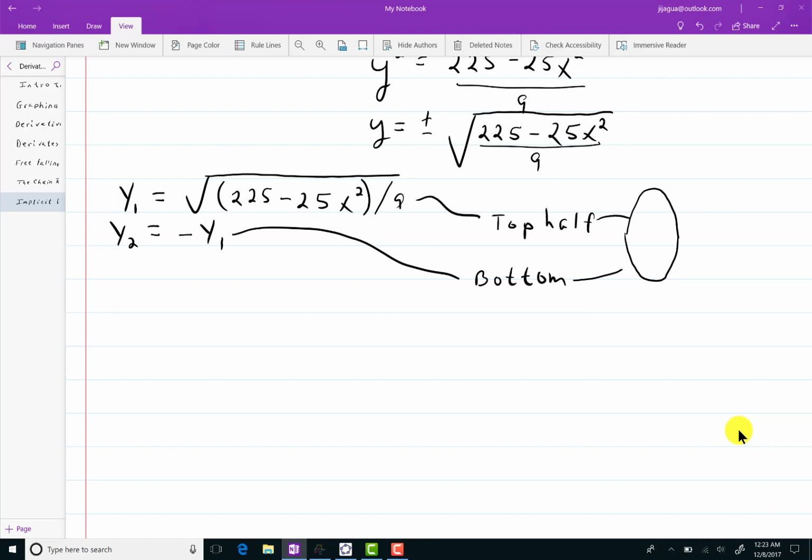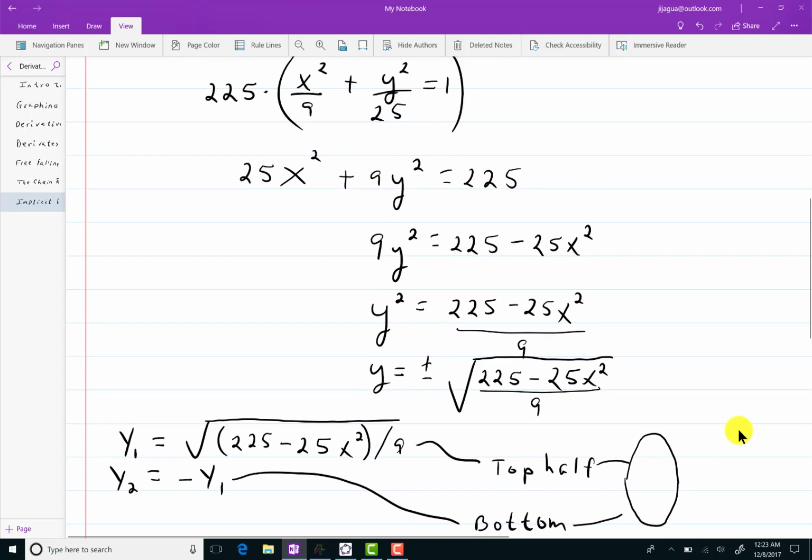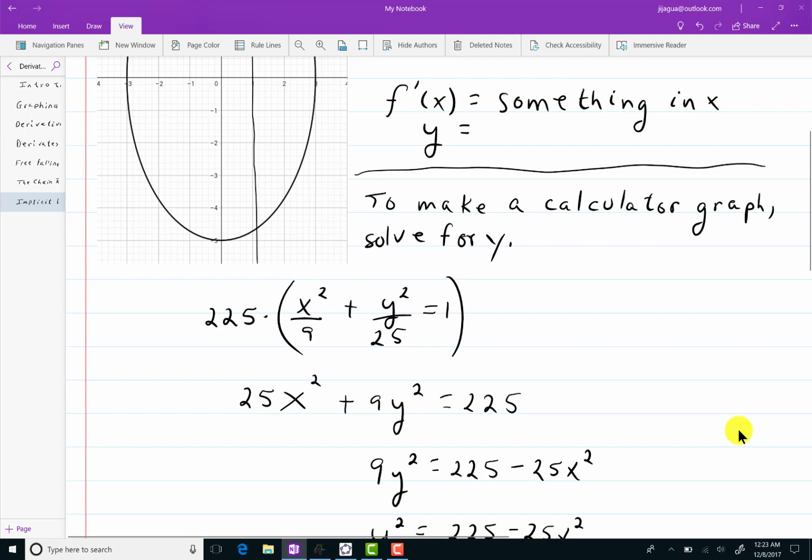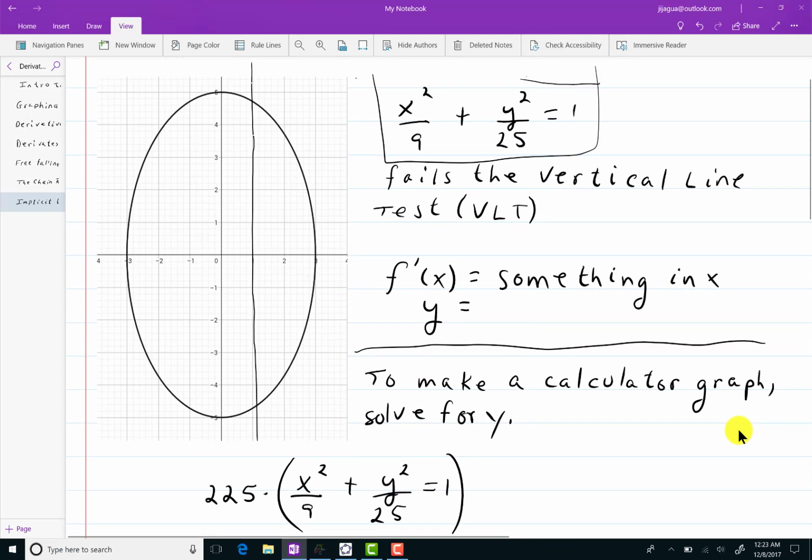Let me scroll back up to it. The really cool thing about this is even though we have defined derivatives to be functions of x, we can still find derivatives without actually having y explicitly solved for.